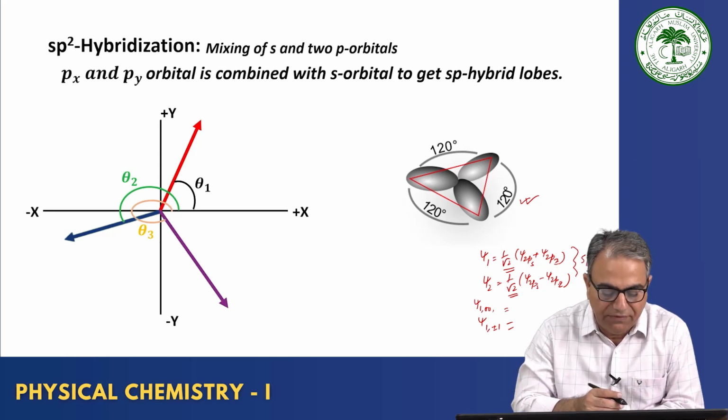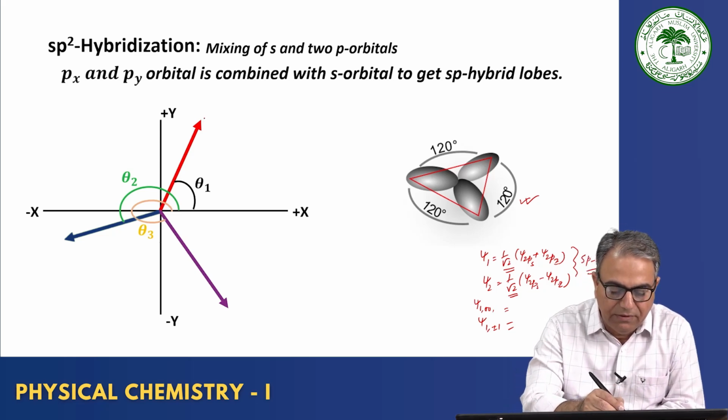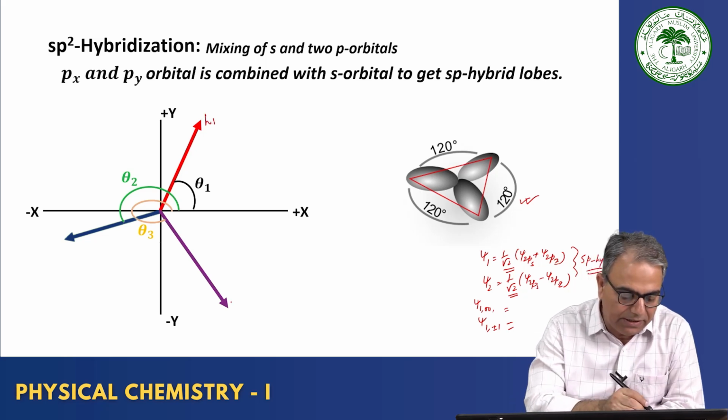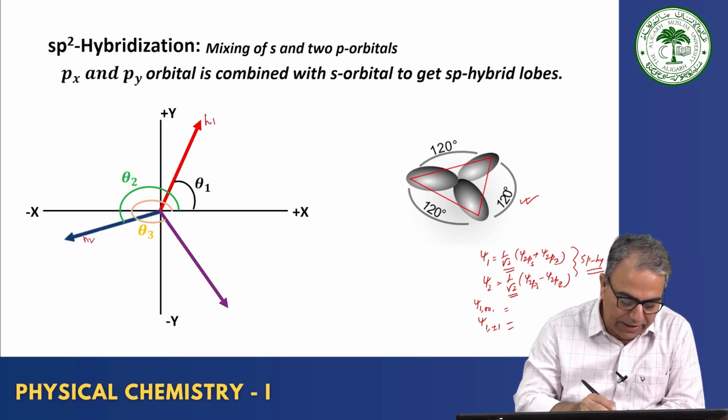Now suppose the hybrid lobes are represented by the orbitals H1, H2 and H3.